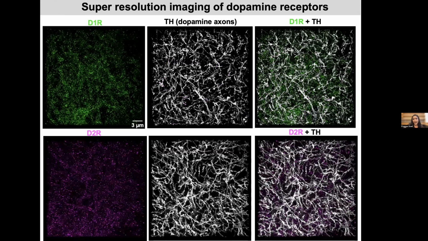And so I stain for D1 or D2 receptors with an antibody against the enzyme tyrosine hydroxylase, which is used for dopamine synthesis and hence labels dopamine axons. And on the extreme right is a merged image of either receptor with the dopamine axon, which is ultimately used for analysis.